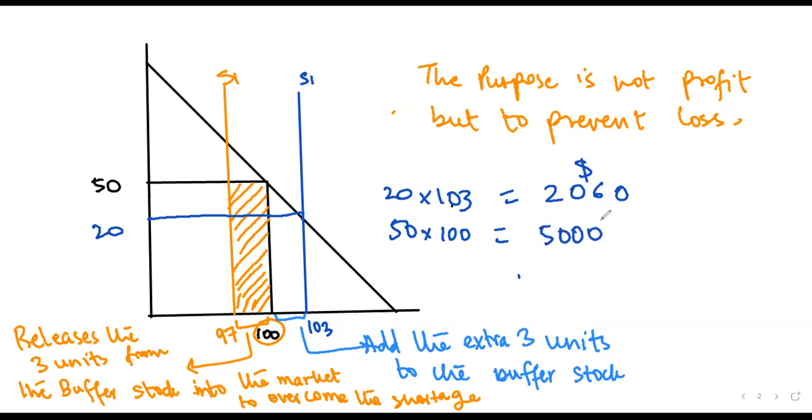So you need 5,000 as your revenue. And this one here, 80 into 97, at a high price, less units at a high price.